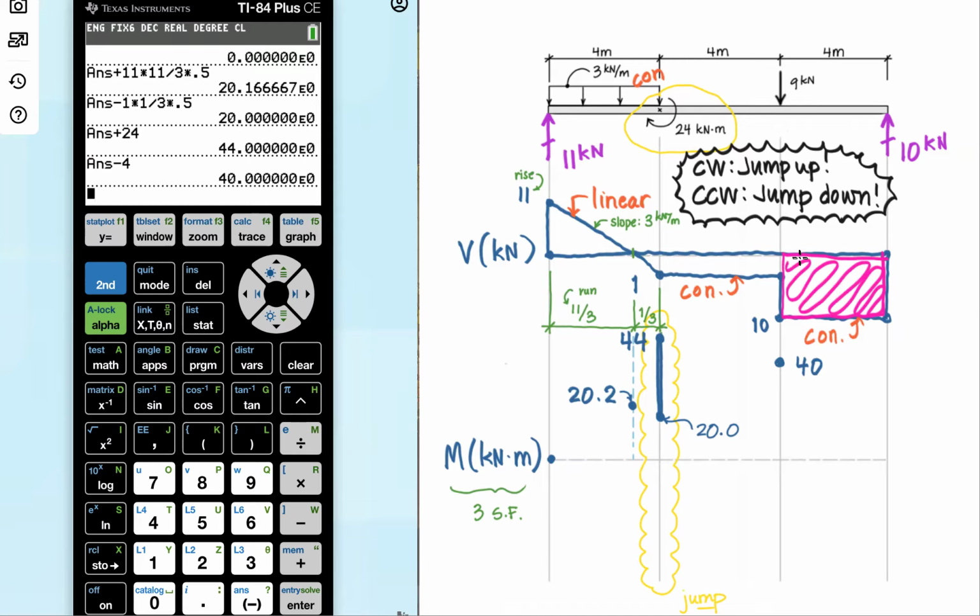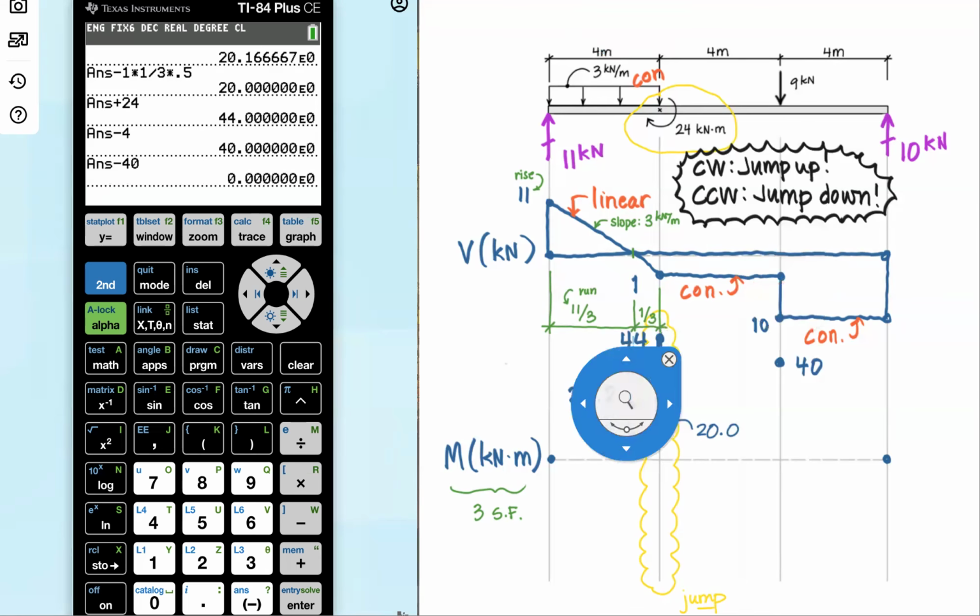It's 4 by 10, which is 40. It's below the 0, so we subtract 40 and we get back to 0. If we don't get back to 0 on our moment diagram, it means we have an error somewhere to find. It could be in the shear diagram, it could be a calculator error, it could even be an error in your reactions. Okay, great, looking good here.